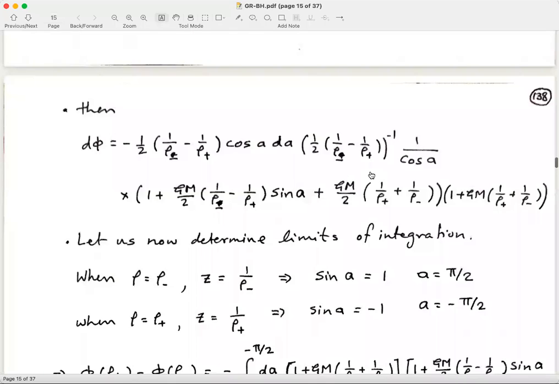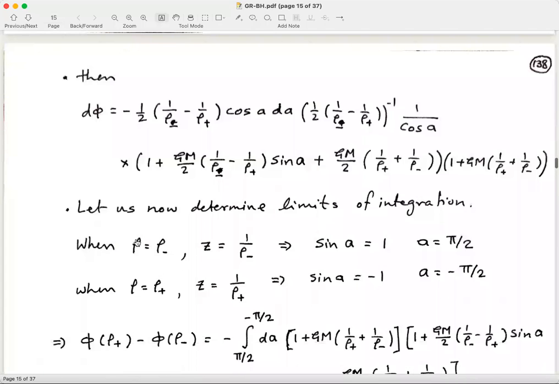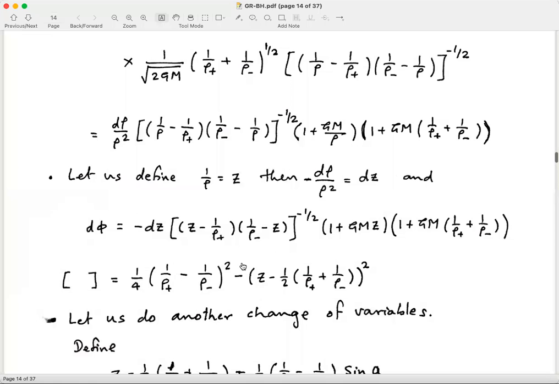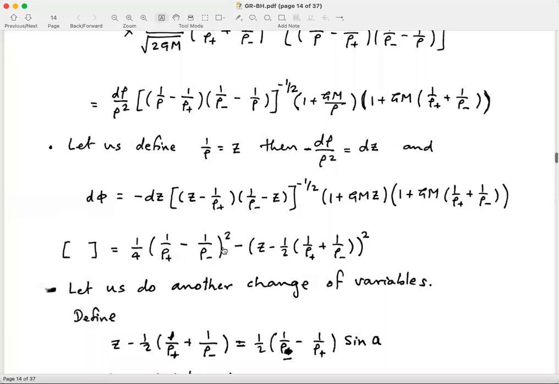Okay, so here is a statement that when rho is equal to rho minus, which is the smallest value that rho can take, z would be 1 over rho minus because that is the inversely related expression.